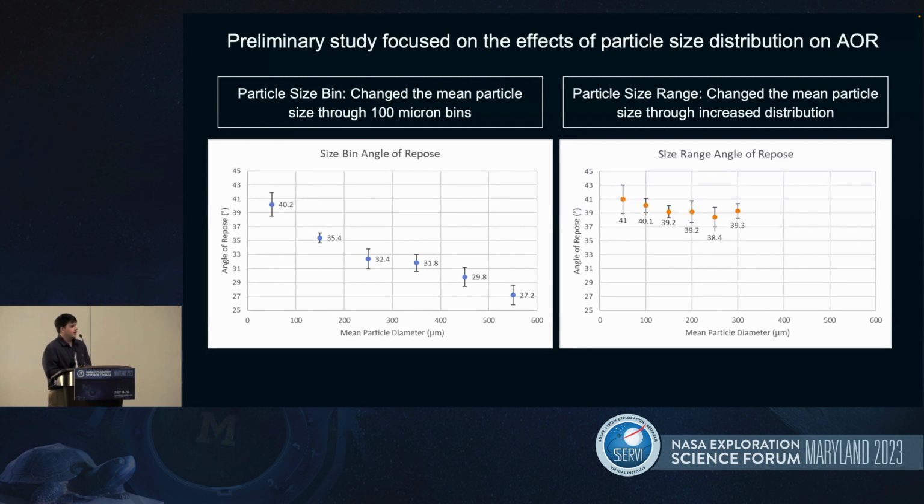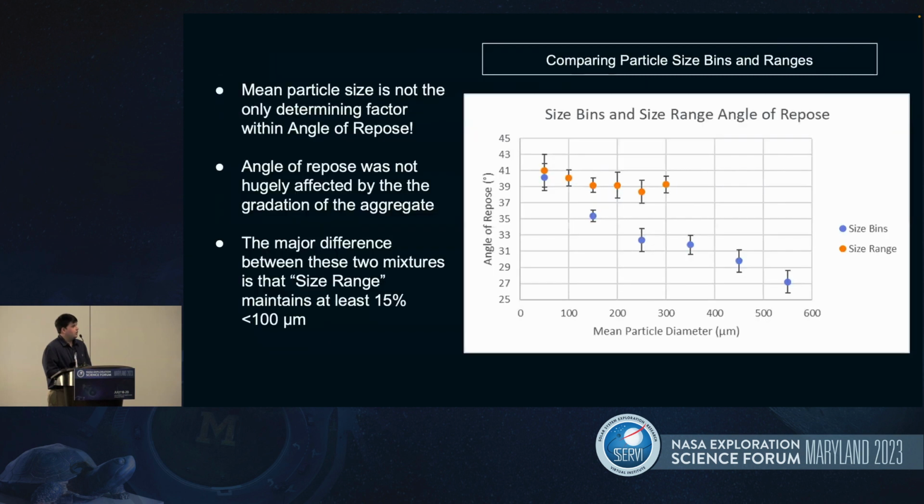The size range angle of repose had much less of a trend, and this was really surprising to see at first. So when you overlay them, you can see that even at the same exact mean particle size, if we look at 150 microns, for example, that's a pretty big difference, like 36 degrees to almost 40 degrees.